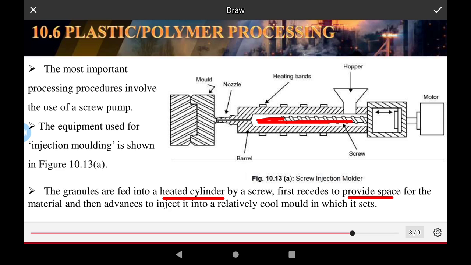The force of the ram and screw pushes the liquid material through the nozzle.